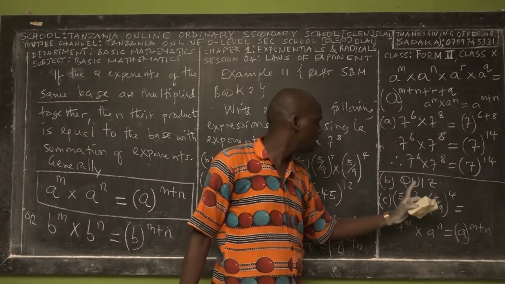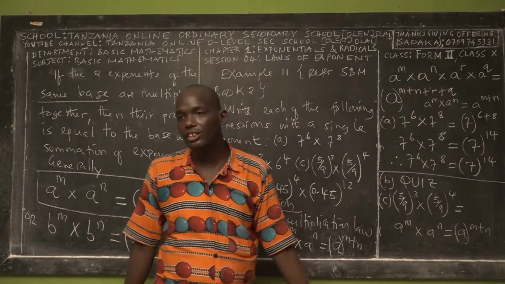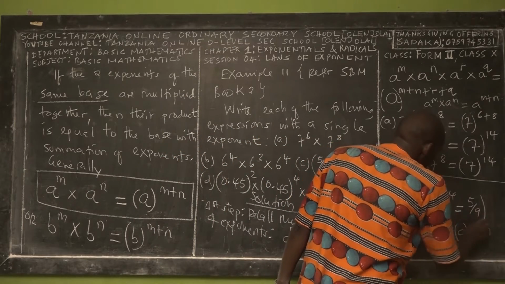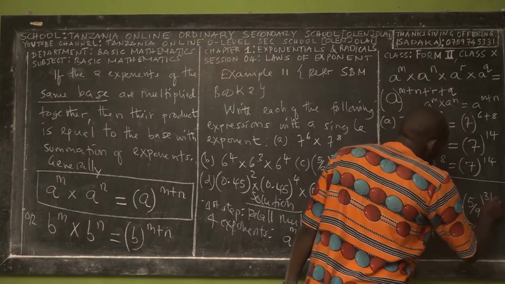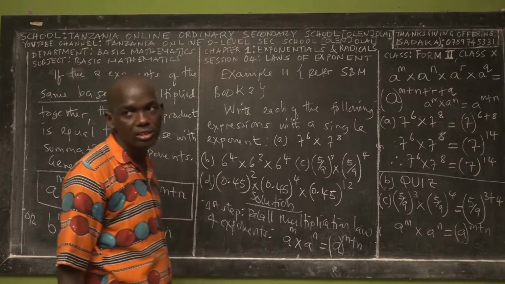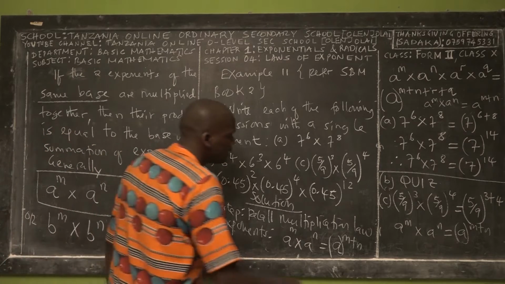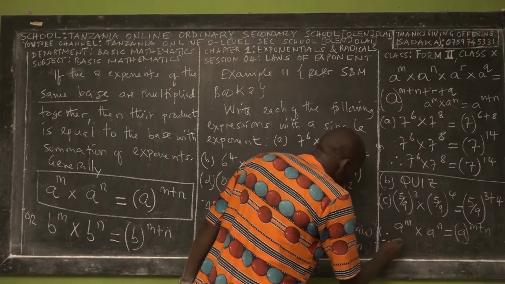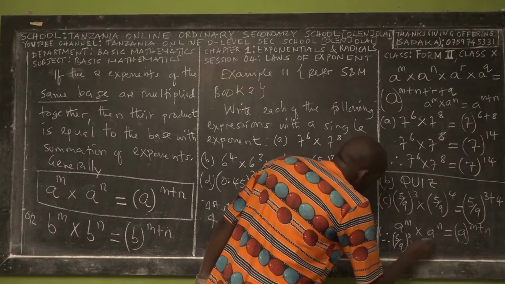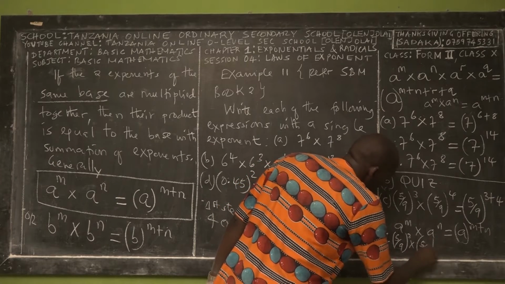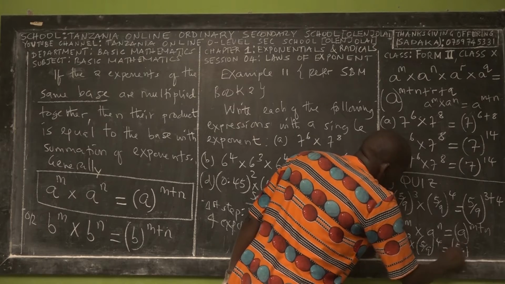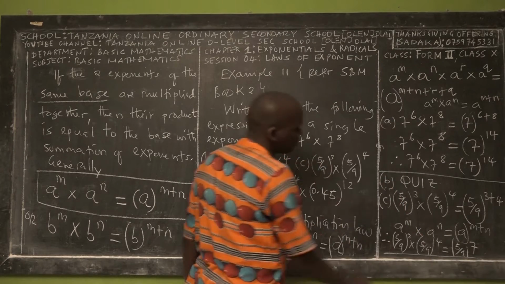What are the exponents? 3, and here it is 4. According to the law, they have the same base. So we have 5 over 9, then 3 plus 4. 3 plus 4 is equal to what? 7. So to write this in a single exponent, we have 5 over 9 power 3 times 5 over 9 power 4. The answer is equal to 5 over 9 power 7. And that is the response.